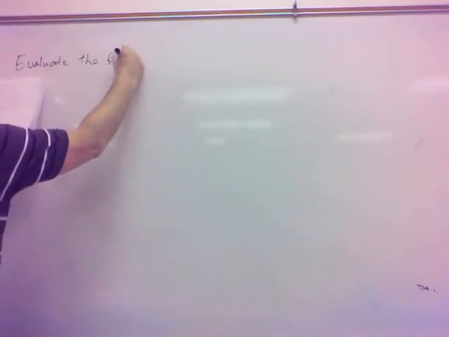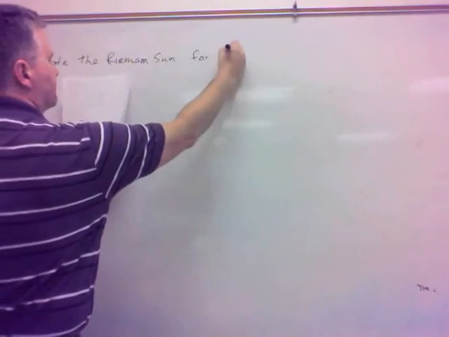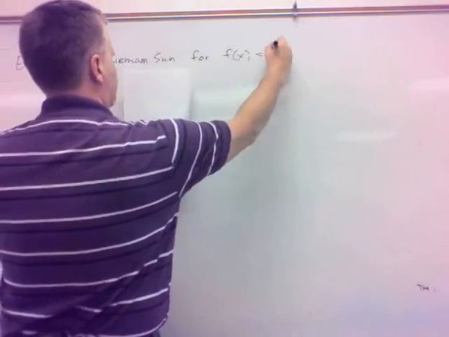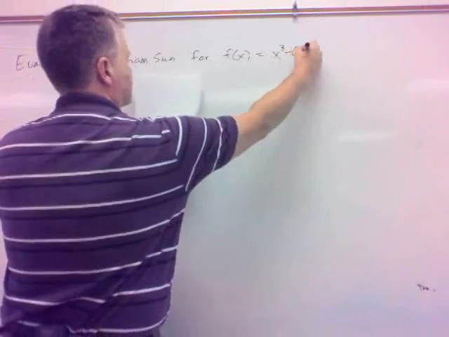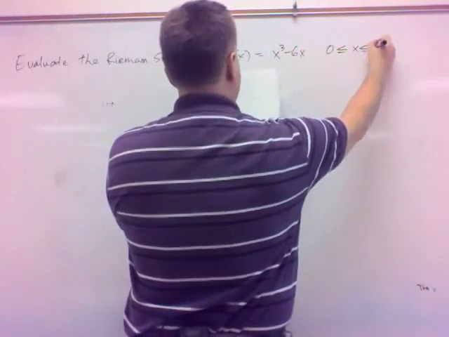We'll go back to approximating for a second. All right, so let's say evaluate the Riemann sum for f of x equals x cubed minus 6x, 0 is less than x is less than or equal to 3.